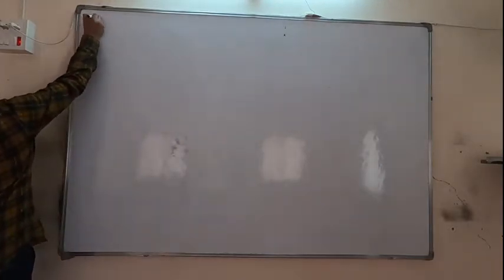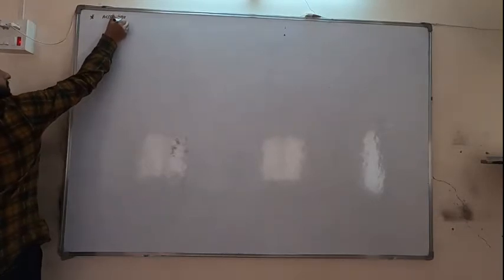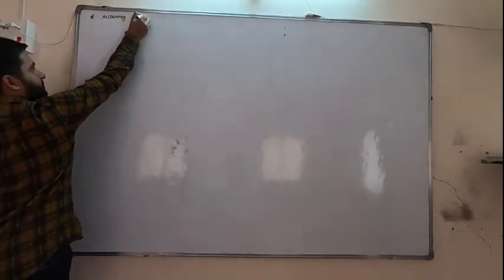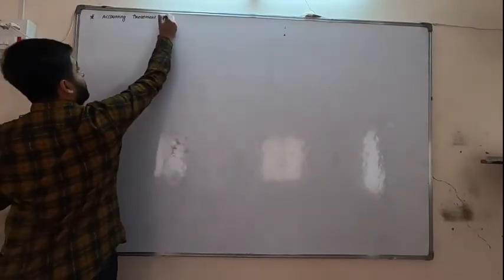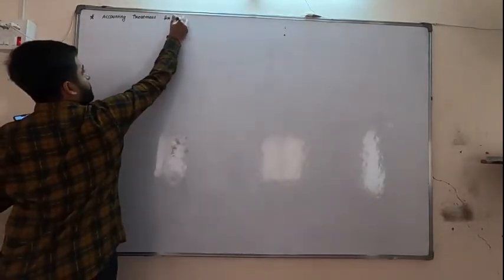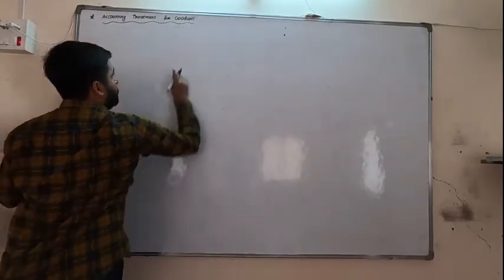So we should give the heading: accounting treatment for goodwill. What are the things to be remembered? I will give the notes.